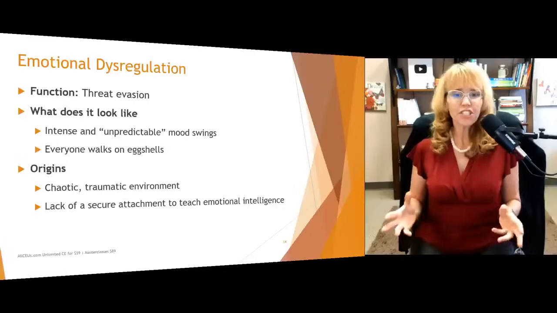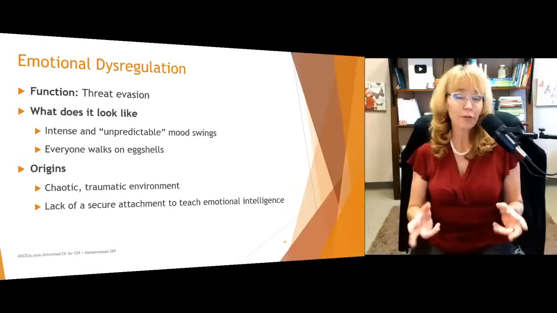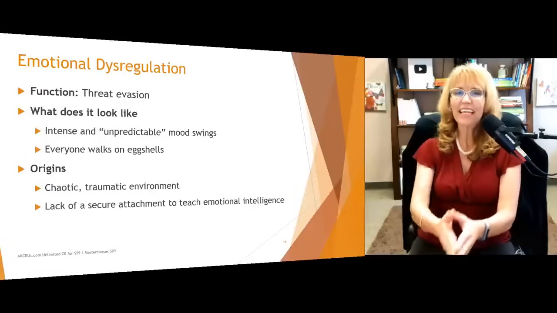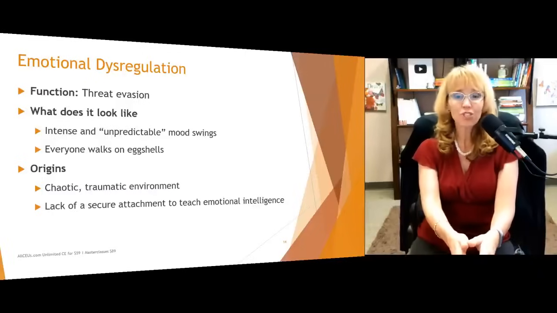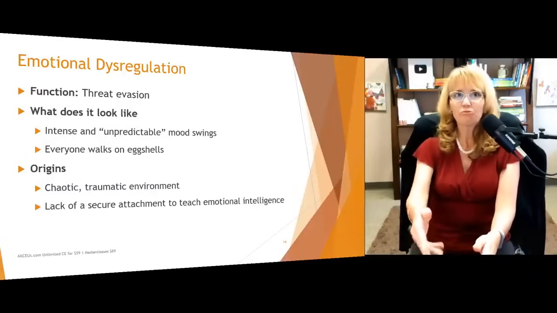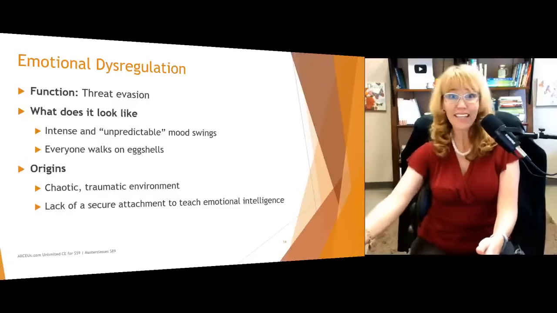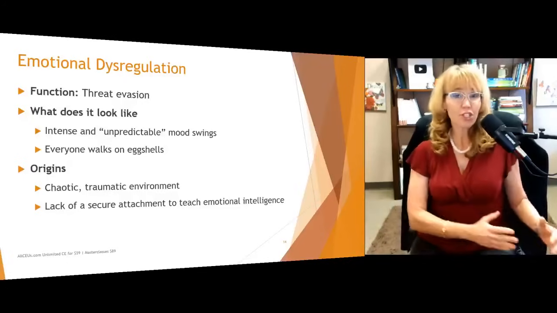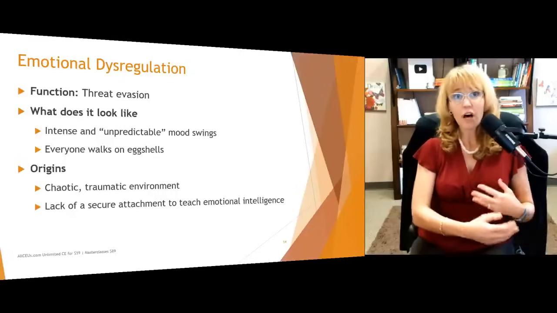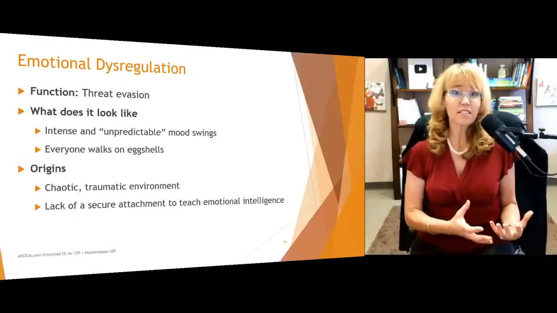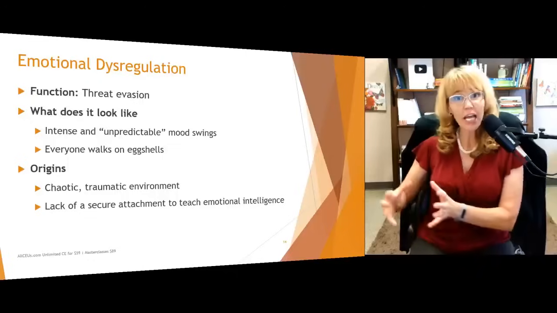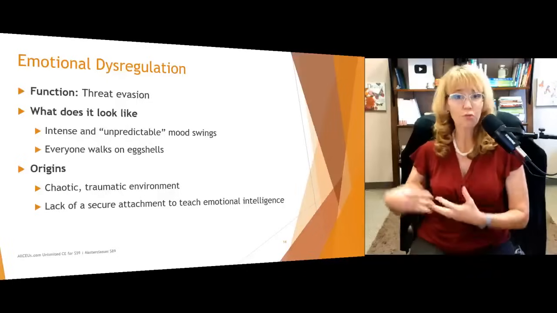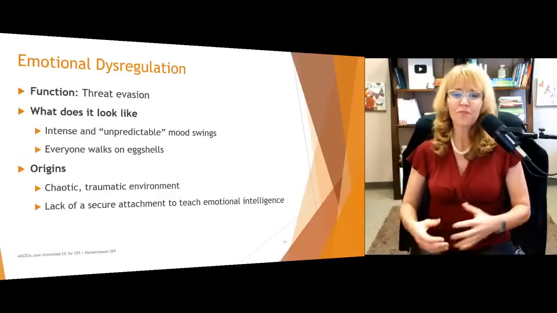This has its origin in that chaotic, traumatic environment, and we talked about this at the beginning of the class. When there's chronic stress, it leads to neurobiological changes that result in emotional dysregulation. A lack of secure attachment for the child also prevented them from learning the skills to identify and manage their own emotions and effectively communicate their needs, which is what we call emotional intelligence.